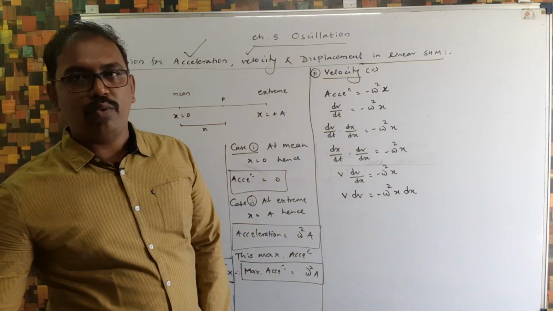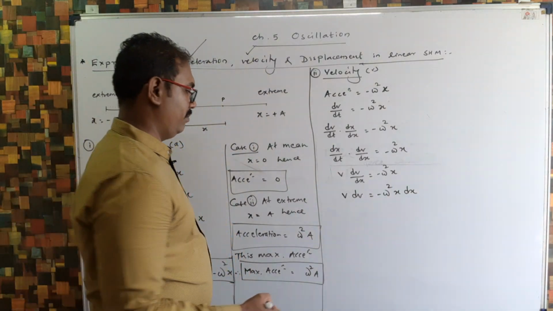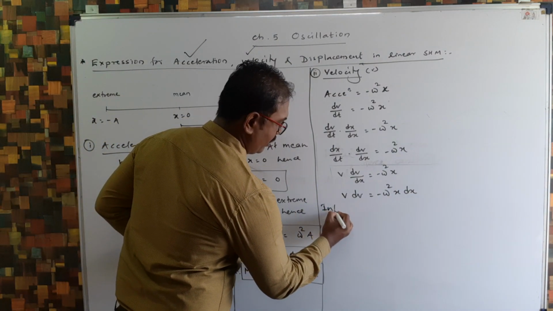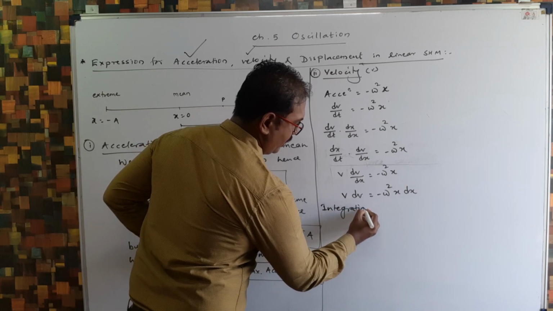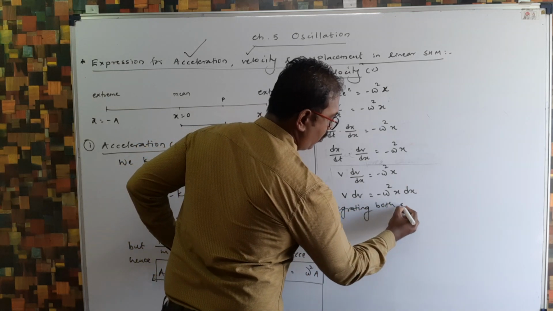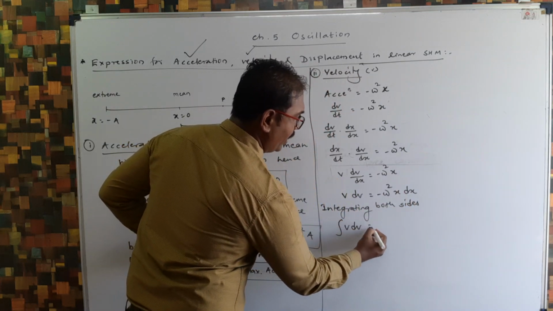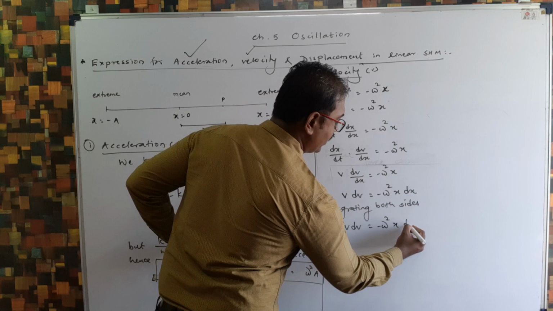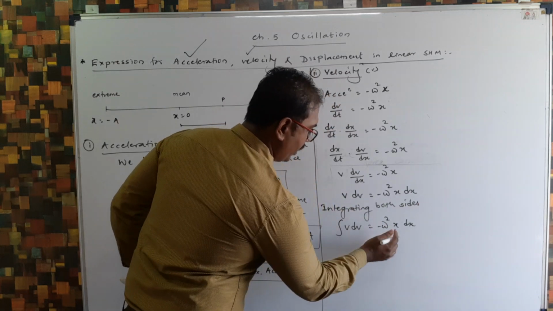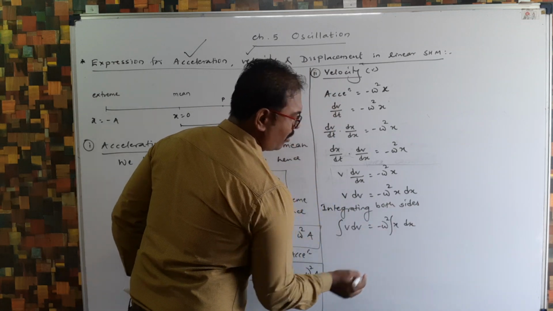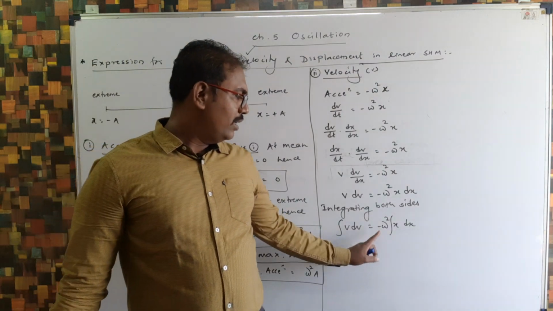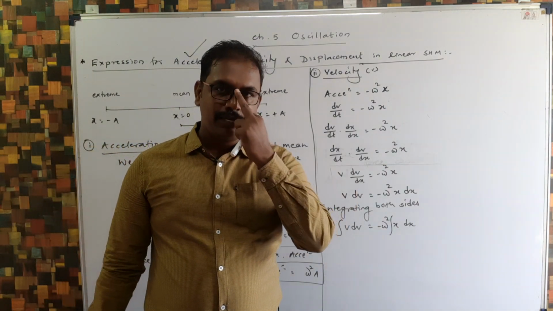Now we have to find out v. So we integrate both sides. Integration of v dv is equal to minus omega square x dx. Omega square is constant, take it outside. So minus omega square integration x dx.